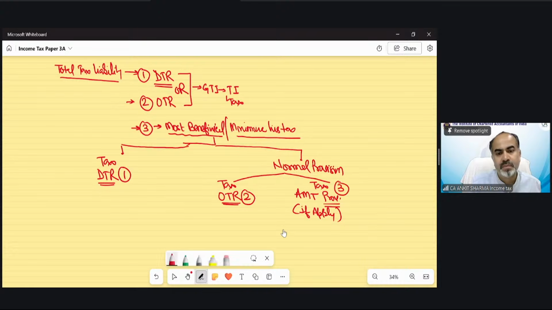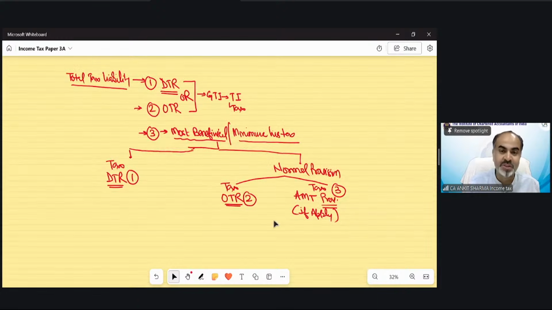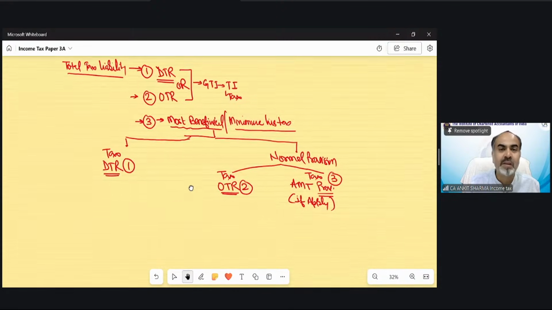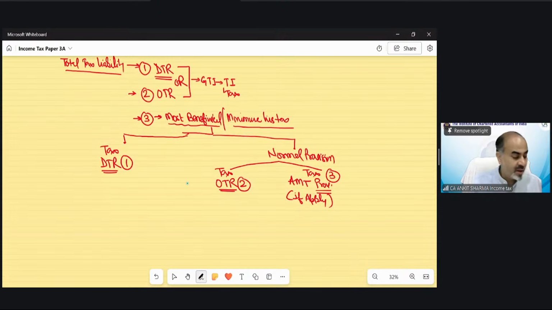Understood? You can see how many calculations you need to do when the question relates to calculation of tax in the most beneficial manner. Then out of this tax 2 and tax 3, you need to consider the higher tax.